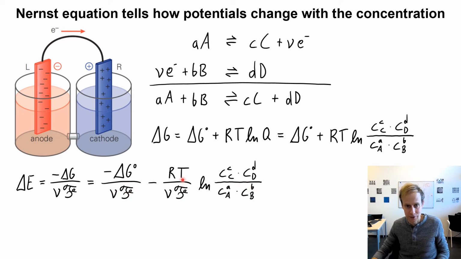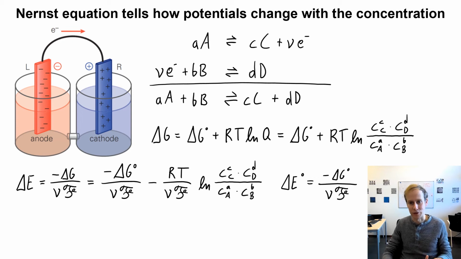Right? Just here the RT divided by this part. And then again here the concentration dependent part. Great. That's as simple as it is to get this concentration dependence for the cell potential.